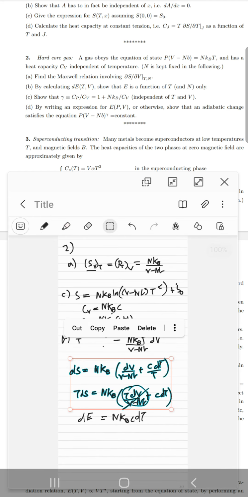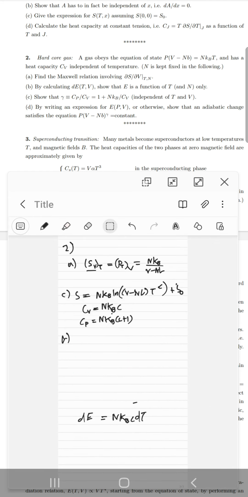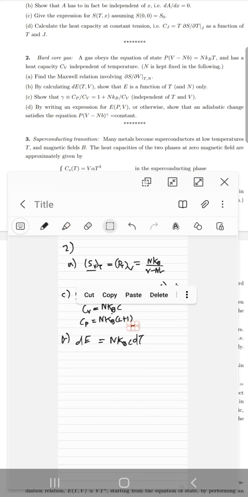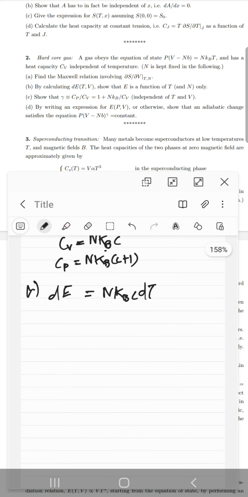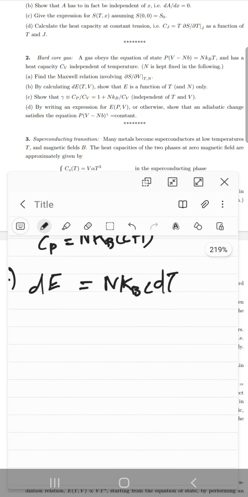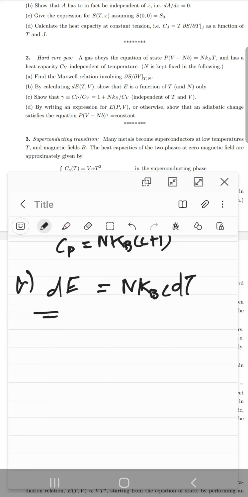So you just have the equation apparently, which says that energy is just a function of temperature. Nice. So apparently it's sort of like the ideal gas, but not quite. So that E is a function of temperature and N only. Yeah, it is. Alright, cool. And this just implies that energy is just nkBC times T plus some constant.